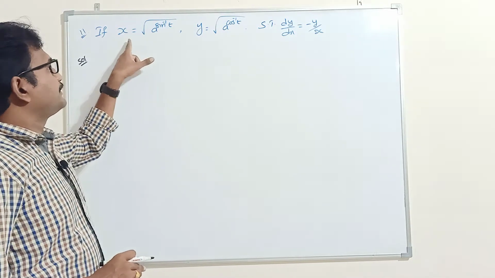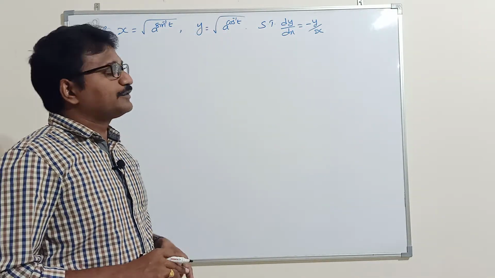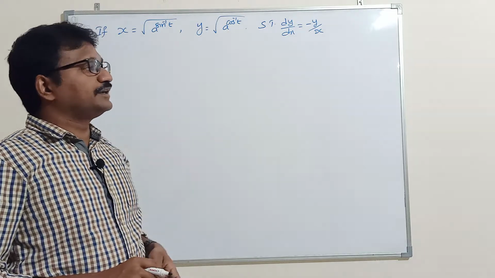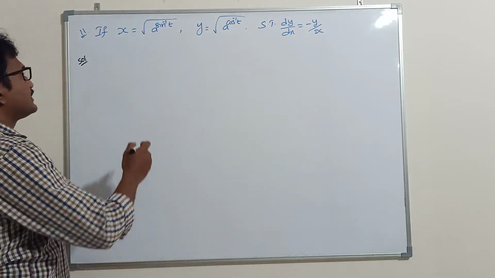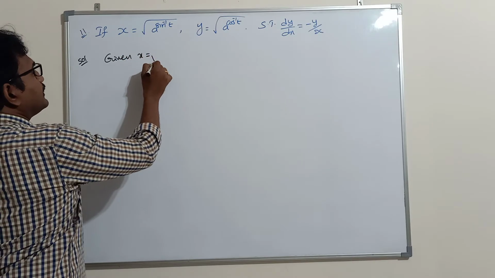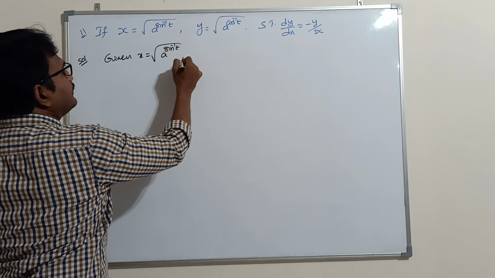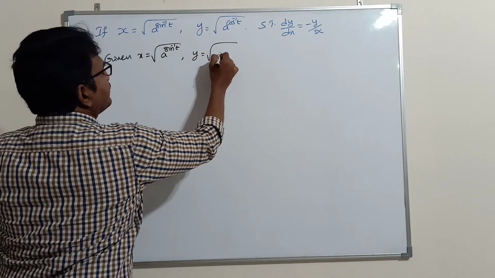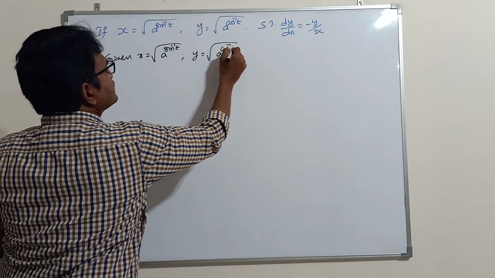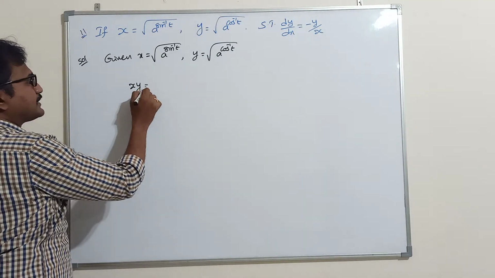Next problem: if x is equal to root of a power sin inverse t, y is equal to root of a power cos inverse t, then show that dy by dx is equal to minus y by x. Given x is equal to root of a power sin inverse t and y is equal to root of a power cos inverse t. Here I am multiplying the two functions x and y.